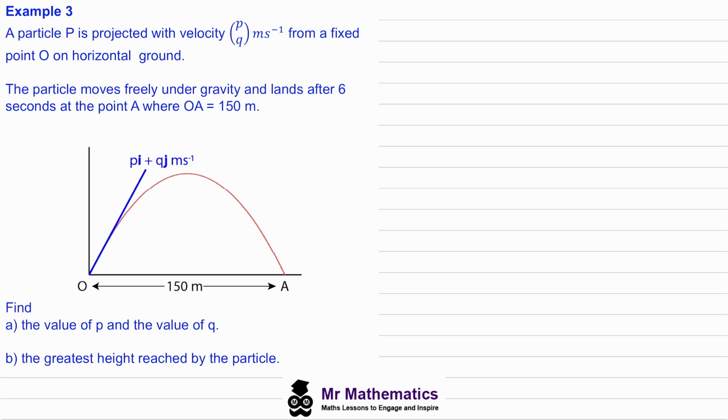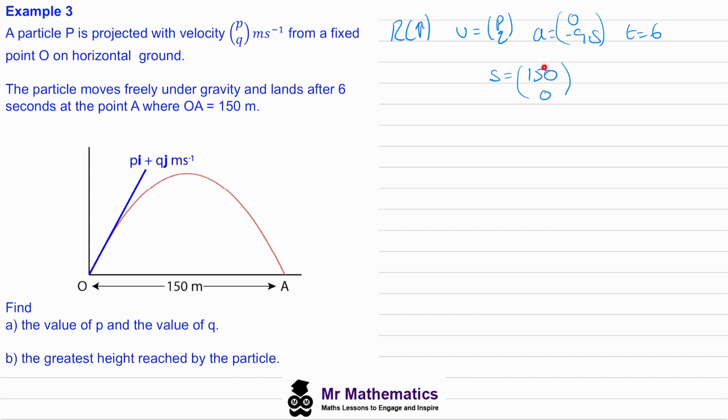Okay, so welcome back if you had a go. So again, if we resolve vertically upwards, we know the initial velocity will be PQ. The acceleration will be 0 and negative 9.8. Time is given as 6. And the final displacement, well, this will be 150 in the x and 0 in the y. So 150, 0.